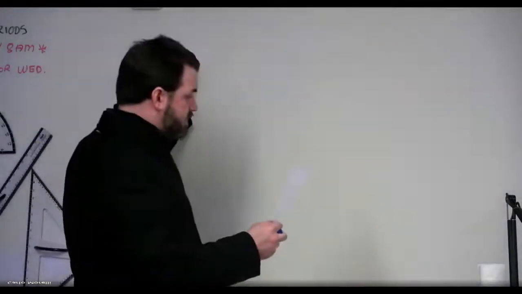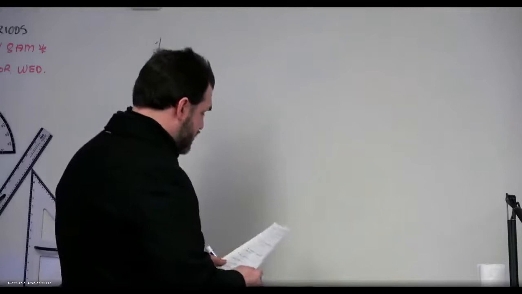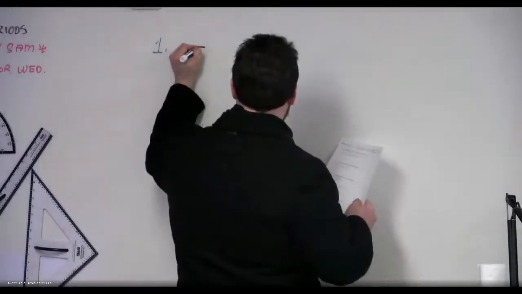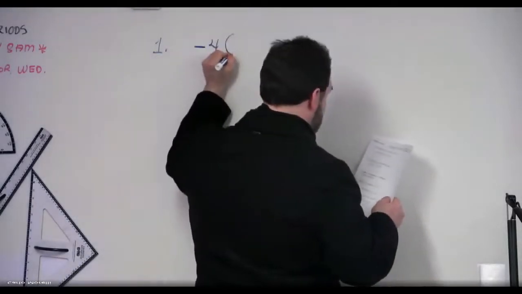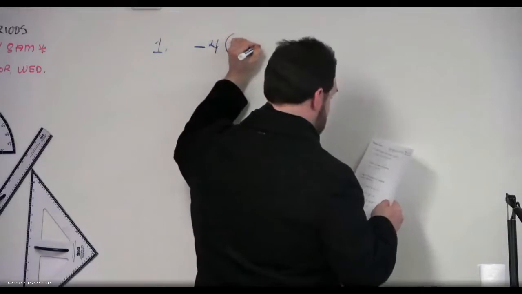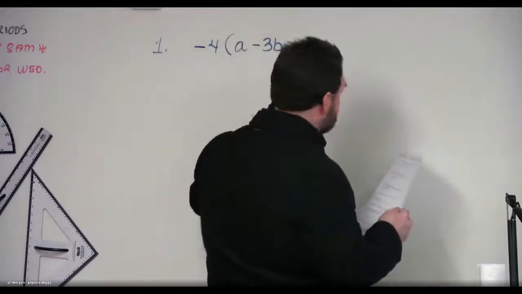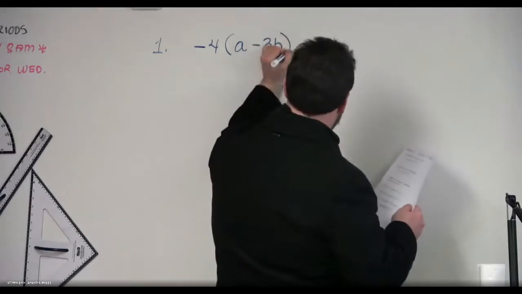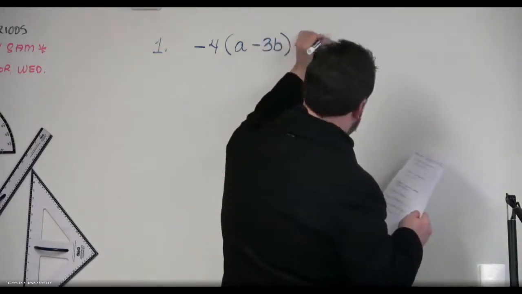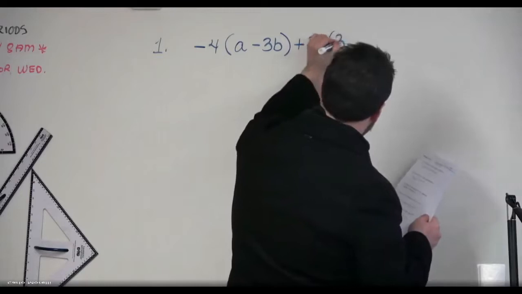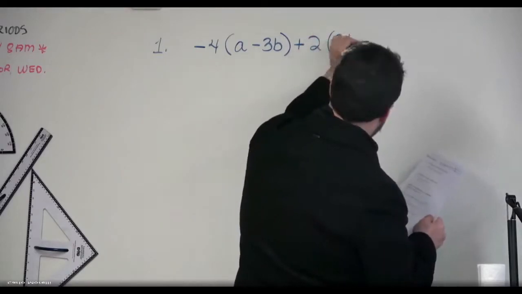Okay, we're going to use the distributive property. So we have -4, open parentheses, a minus 3b, plus 2, open parentheses, 3b minus 5a.